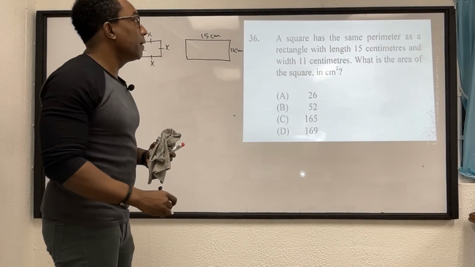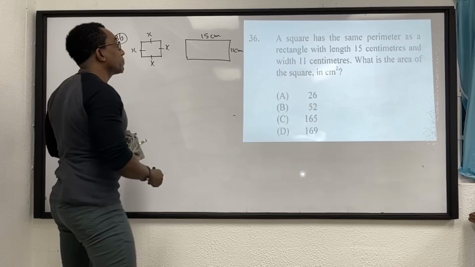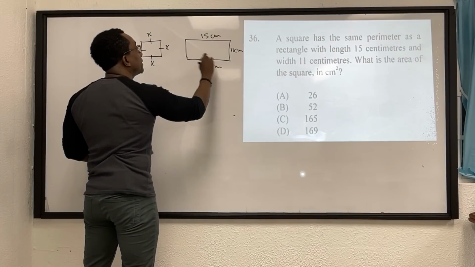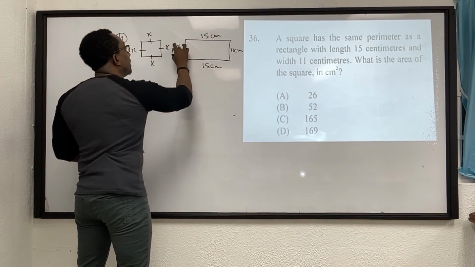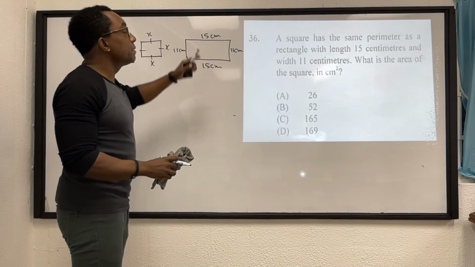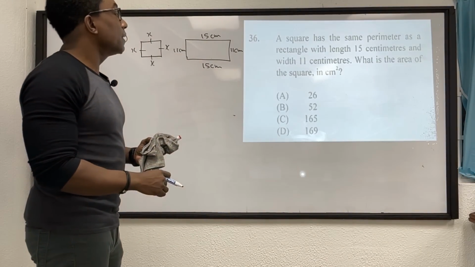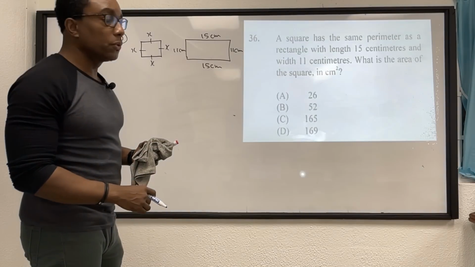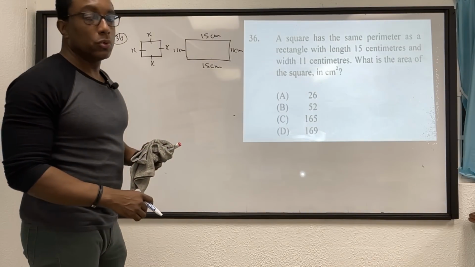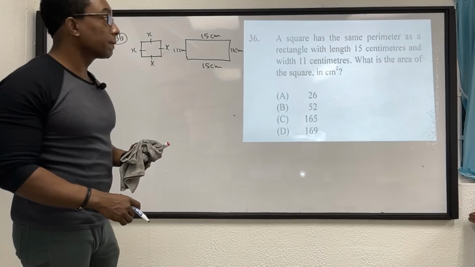So what is the perimeter of this rectangle? This will also be 15 centimeters, this will also be 11 centimeters. So 15 plus 15 is 30, 11 plus 11 is 22. So 30 plus 22 will give us 52 centimeters.